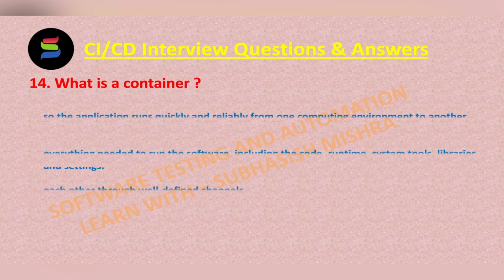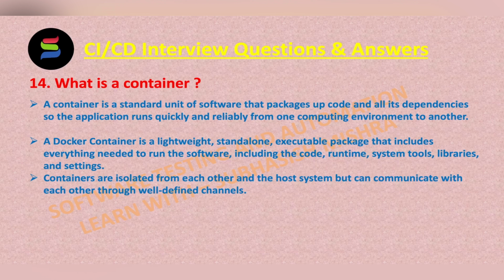What is a container? Docker containers are actually like lightweight virtual machines. A container is a standard unit of software that packages up code and all its dependencies so the application runs quickly and reliably from one computing environment to another.